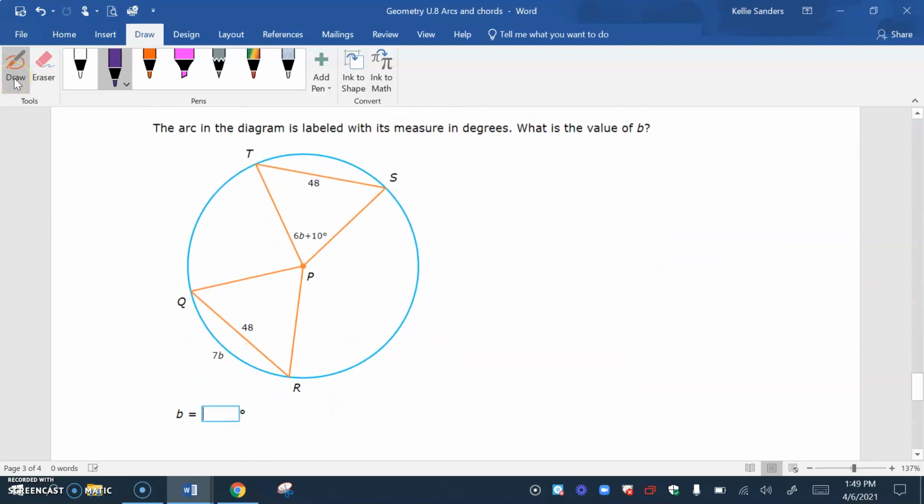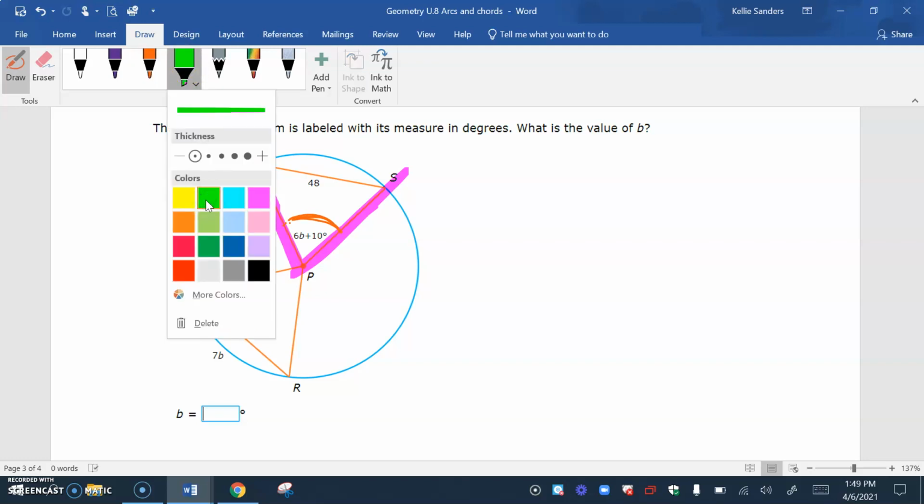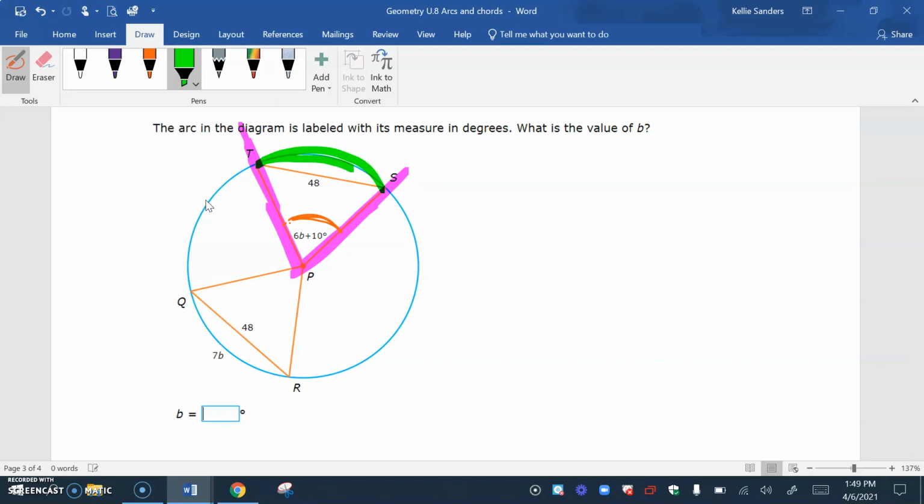The arc in the diagram is labeled with its measure. What is the value of b? This is called a central angle. And a central angle's measure inside here is going to be the same width, or how wide it's open, as the arc.